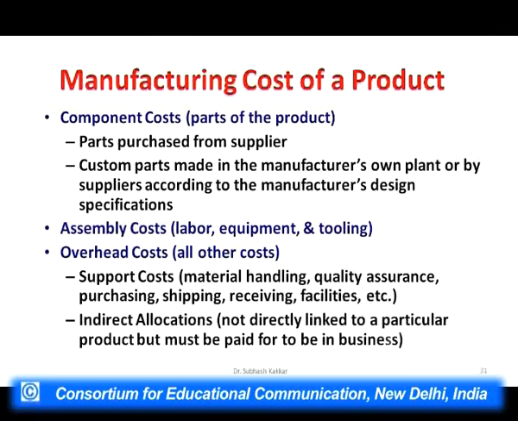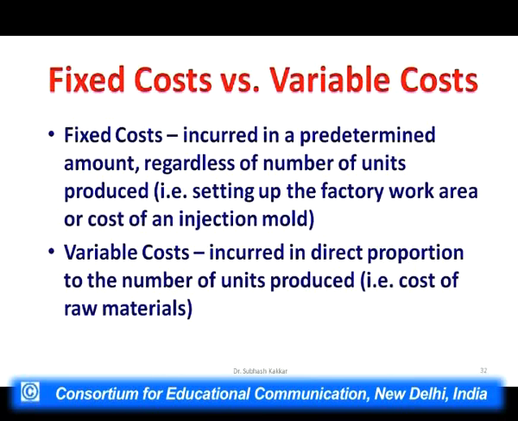Overheads: all other costs like support costs, material handling equipment, quality assurance, purchasing, shipping, receiving and facilities, etc. Indirect allocations not directly linked to the particular product, but must be paid for to be in the business, and these are support costs. Fixed costs and then variable costs are there.